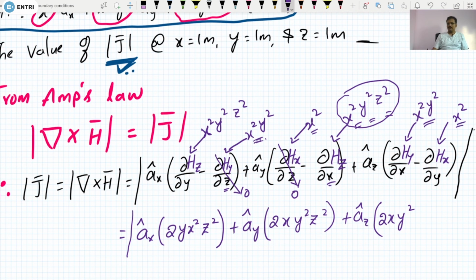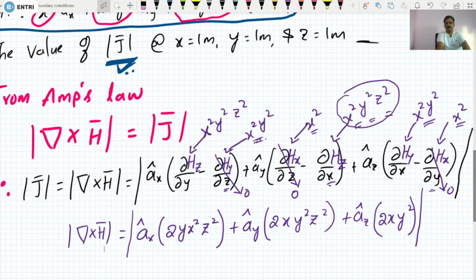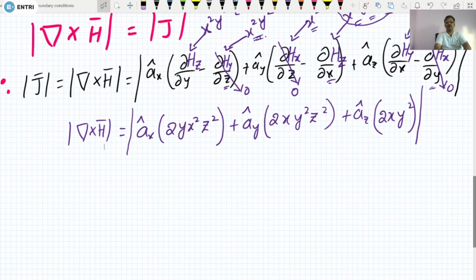Now here you are differentiating this hx with respect to y. So this term will become 0. So this is what you are going to get, the magnitude of curl of h bar. They are asking this value at x equal to 1, y equal to 1 and z equal to 1.